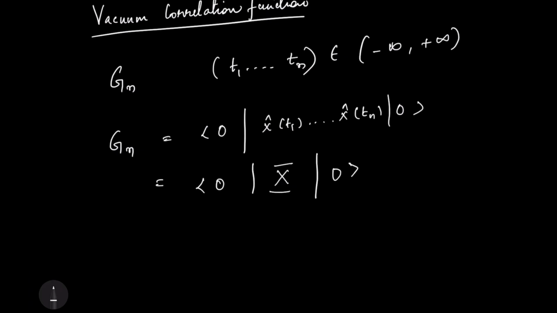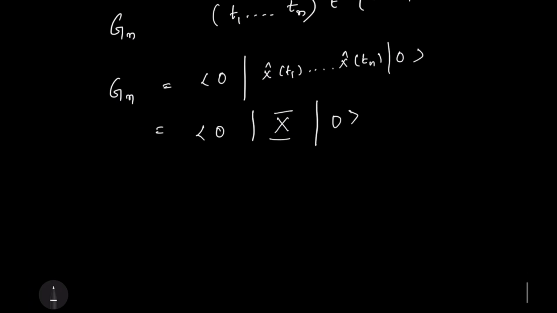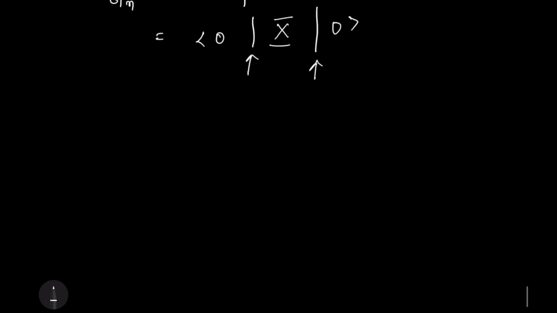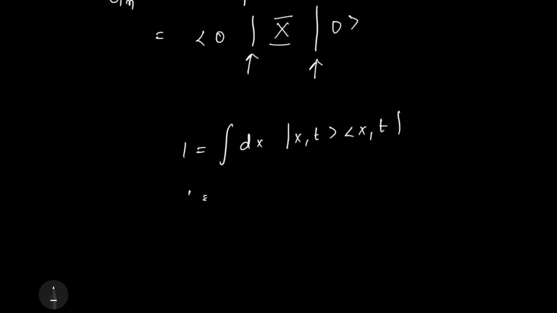like this. Okay, now we have to insert the complete set of states. So here and here the completeness relation I have to use. So which relation? 1 is equal to integral dx xt and also integral dx prime x prime t prime x prime t prime.